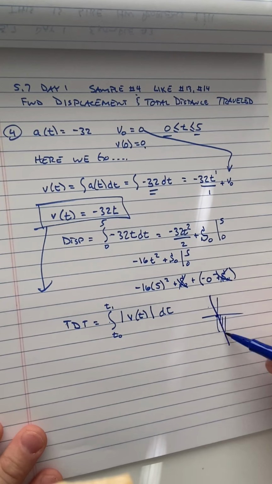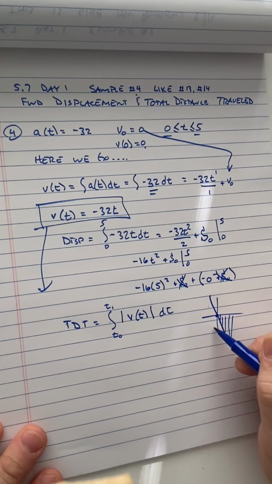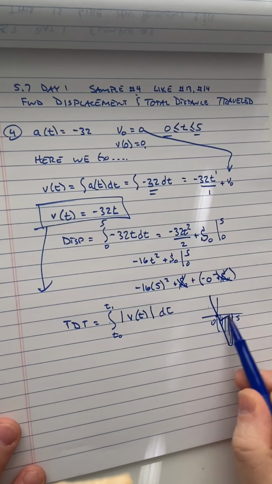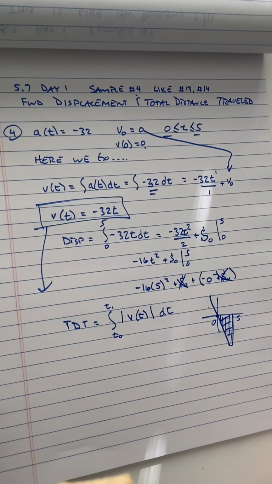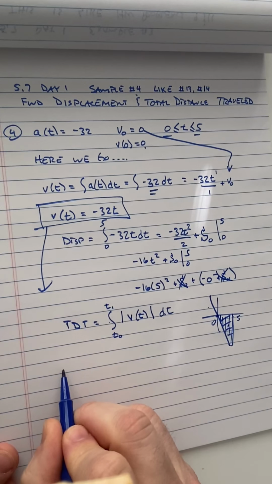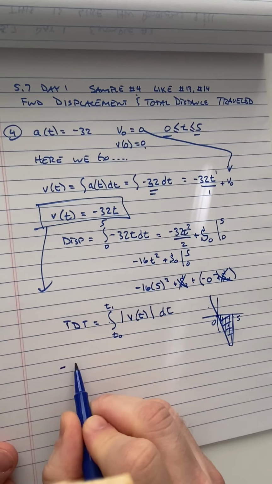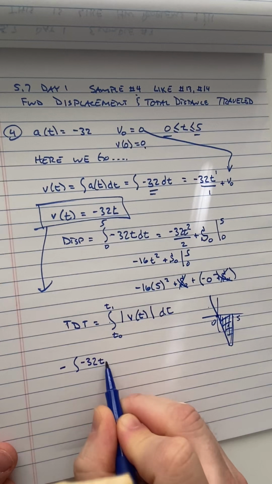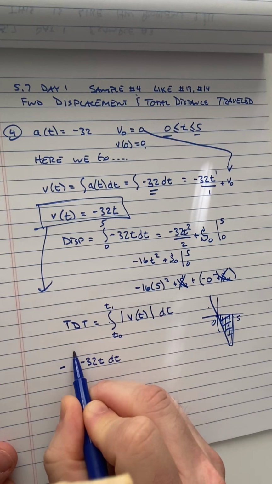So we're finding the area from 0 to 5. It appears as if all of this is down below the t-axis. So we need to negate that known negative area from 0 to 5.